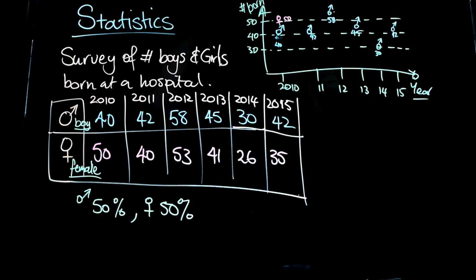So change the colour, put the girls in, and we're at 50 here, 40 here, so we're roughly the same. 53, so beside it, 53 might be somewhere there, put my number in. 40, 41 there, and 26 here, and finally 35 somewhere here.